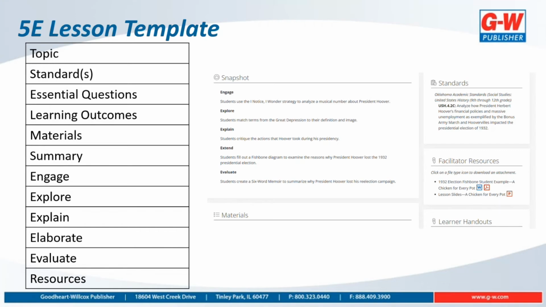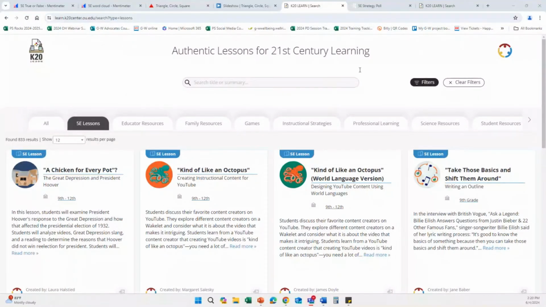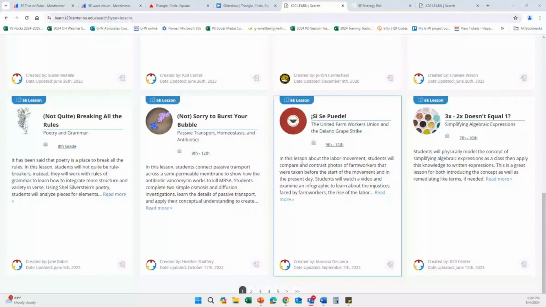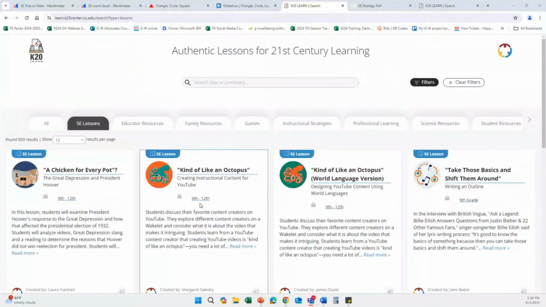And they have a whole slew of different lessons that you can scroll through, click on, download. They may not be up your alley, they may not be at your grade level, but you can search them, you can filter them, just so you get kind of an idea of where you need to be and where you're at.